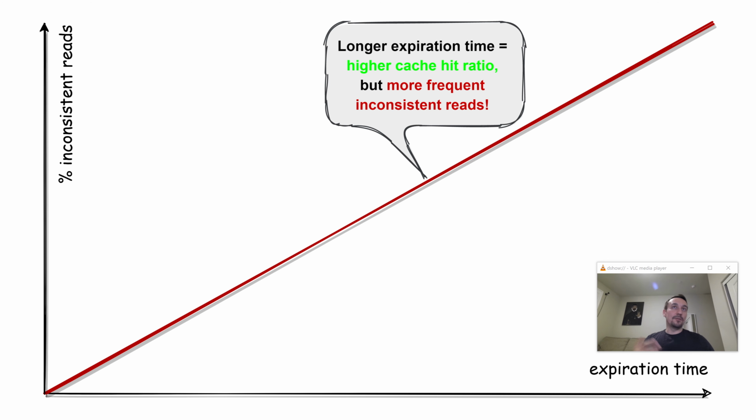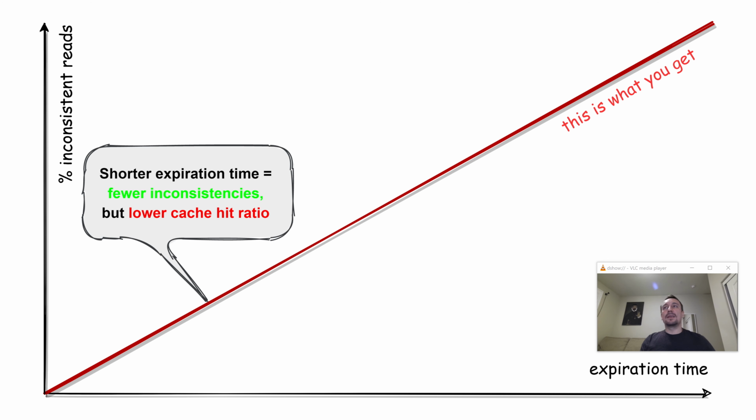But on the other hand, you see more frequent inconsistent reads, which is not desirable. So you decrease the expiration time, and then yes, fewer inconsistencies, but a lower cache hit ratio. And again, it's something you usually balance, and choose what makes the most sense in your specific case.